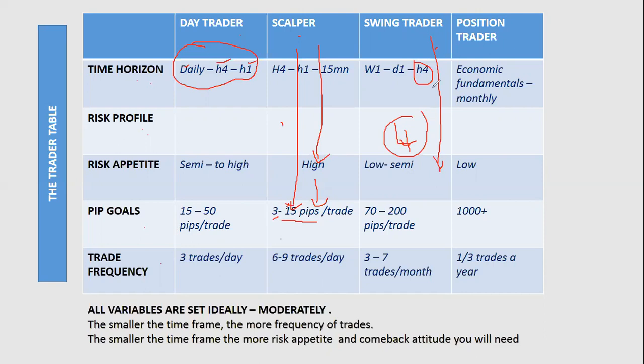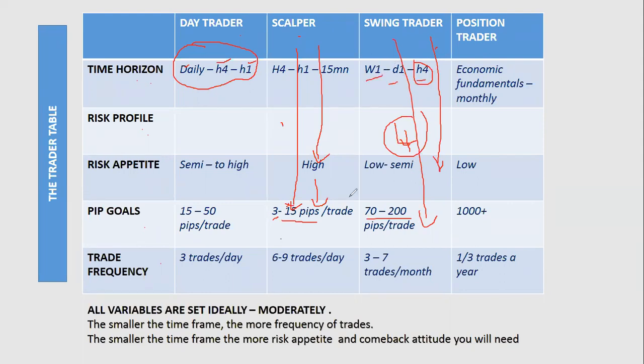A swing trader is looking for 70 to 200 pips. I've had pips of 250 or 300 in very good months, in a very good trade. That has happened before. A swing trader is looking for this because their time frame is weekly, daily, and 4-hour.